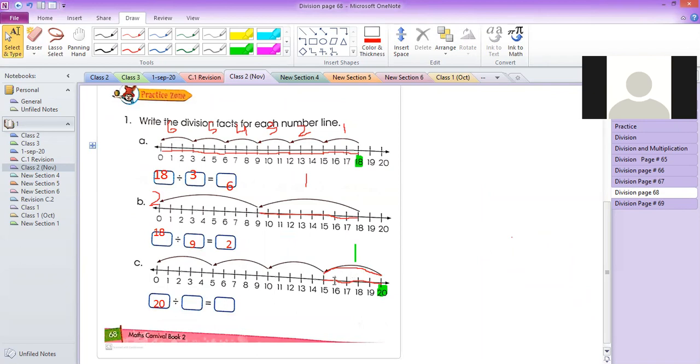You are counting back in fives. In one step you count five numbers. So 20 divided by 5.